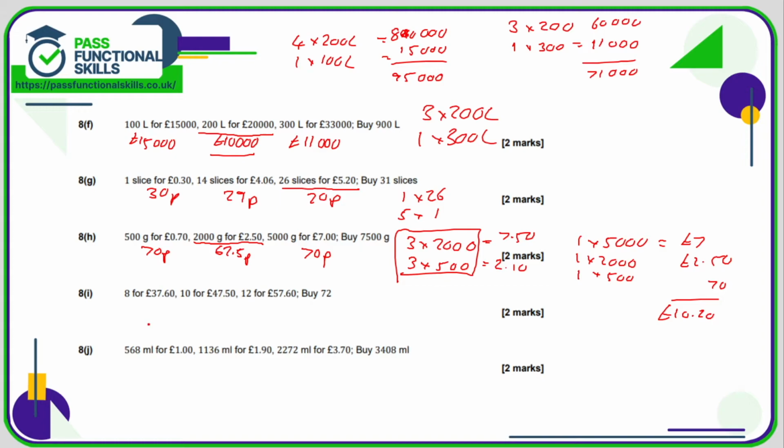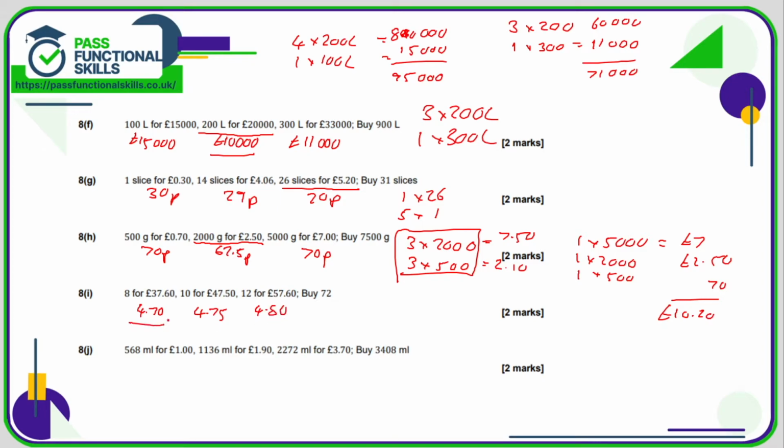For 8i, I'm going to work out the price per item. So £37.60 divided by 8, that is £4.70 per item. This is £4.75 per item, just dividing that by 10, and £57.60 divided by 12 is £4.80.